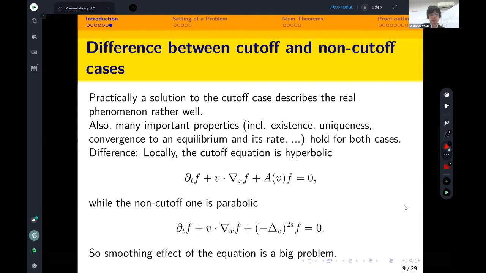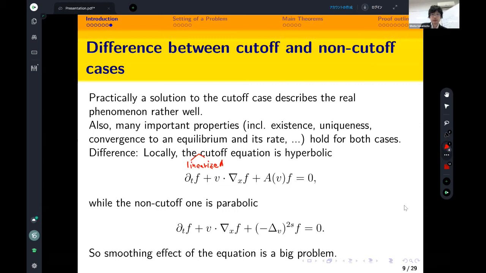Locally speaking, the linearized cutoff equation is hyperbolic. I don't define this capital A(v), but this is some kind of multiplication function. So you can use the method of characteristics and easily find that the solution small f cannot be smoother than the original initial data f_0.